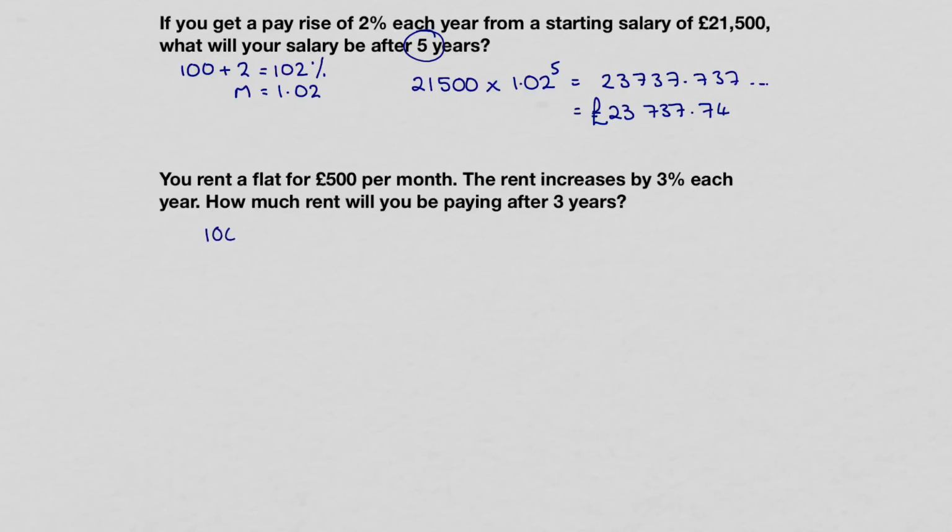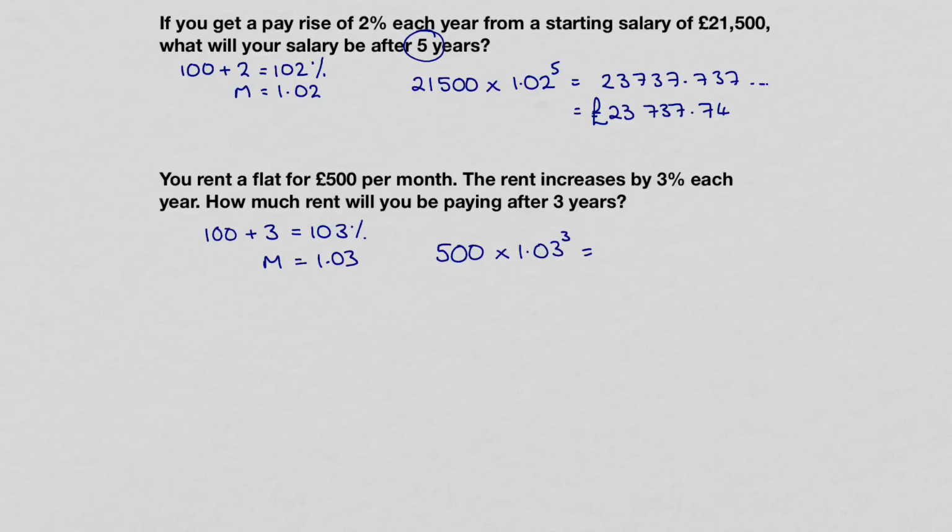So we start off with 100%. It's going to increase by 3%, so that'll leave us with 103%. Our multiplier is 1.03 because we divide that percentage by 100. So the amount of rent that we'll be paying after 3 years is our original amount times the multiplier to the power 3.